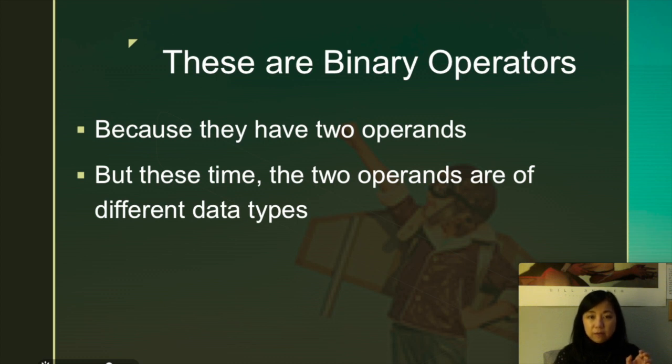For these particular operators, the one in front is either an input or output stream, and the one after is some kind of data type. It could be an integer, or it could be money, it could be just text or characters, right?